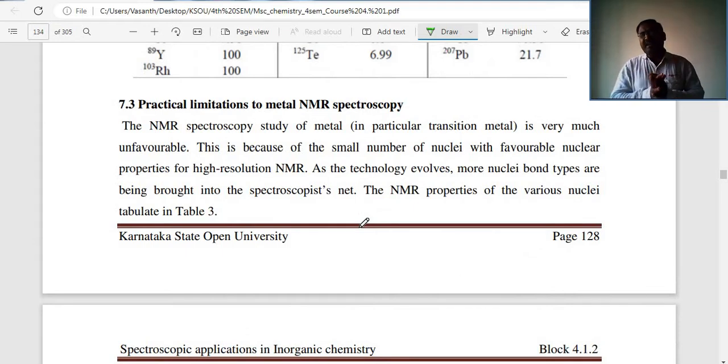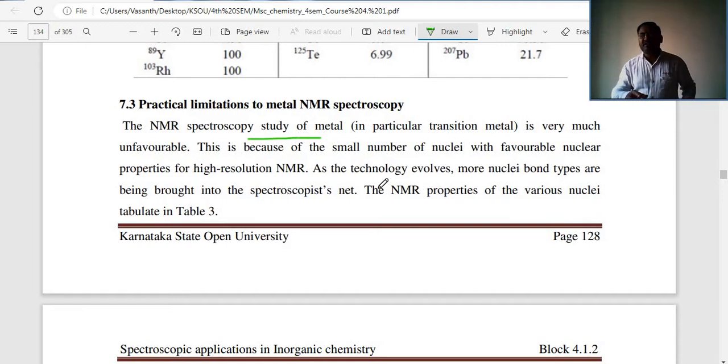What are the practical limitations to metal NMR spectroscopy? The NMR spectroscopy of metals is very much unfavorable.